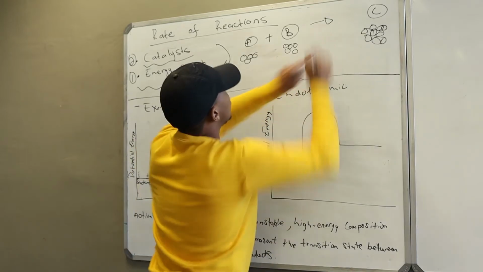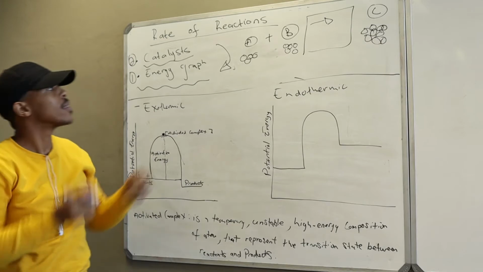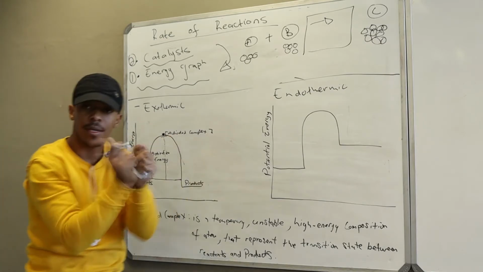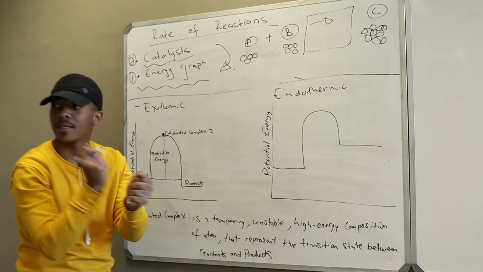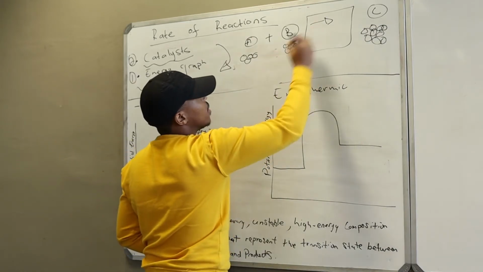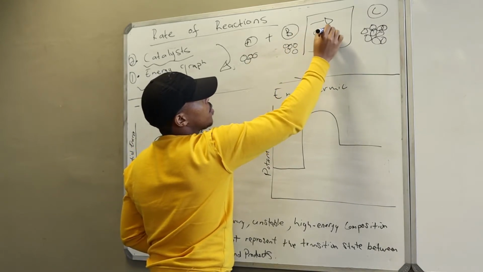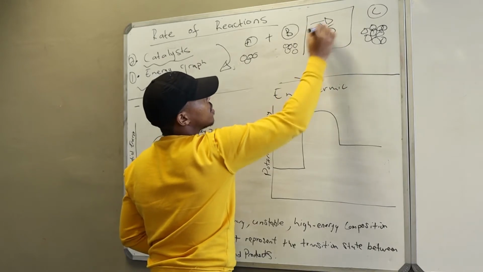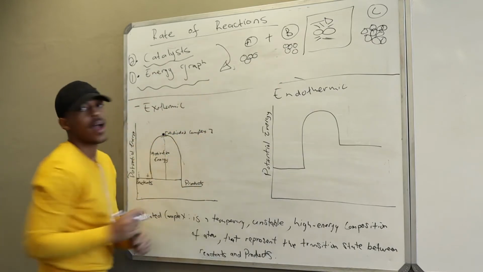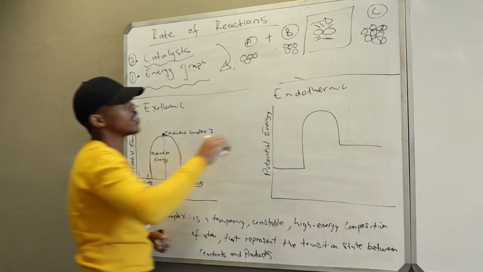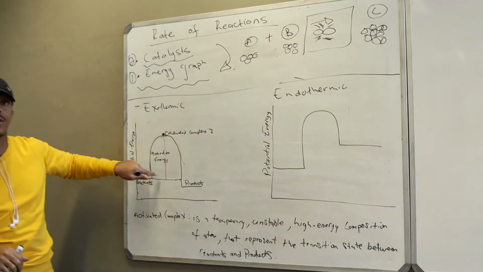But in between that point, which is this point, right, there needs to be a reaction that happens. Now what collision theory says is that these particles have to collide. So particles from A need to collide. Boom. Collision. Need to collide with particles from B and have an effective collision. Effective collision, remember, is a collision that happens at the activation energy, right?